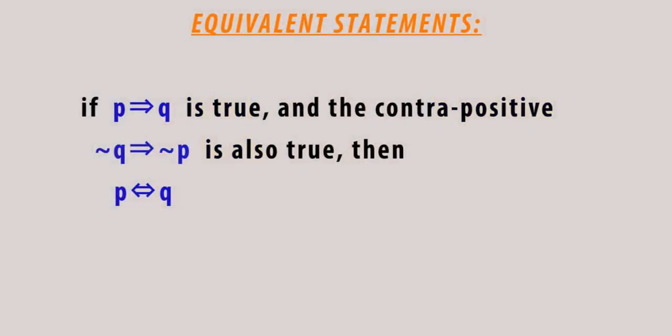Let's see how we can use equivalent statements to determine the validity of an argument. We can deduce the validity of an argument using the fact that if P implies Q is true and the contrapositive, not Q implies not P, is also true, then we conclude that P is equivalent to Q. Let's take an example.